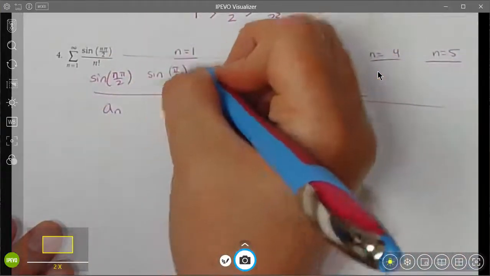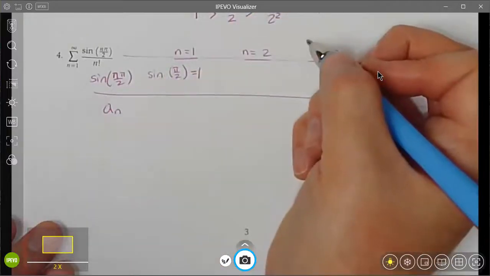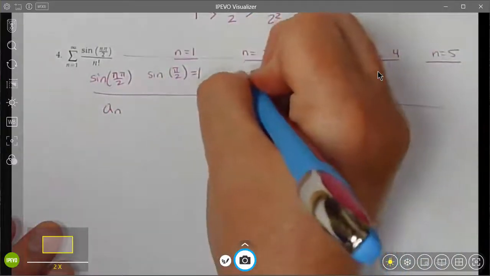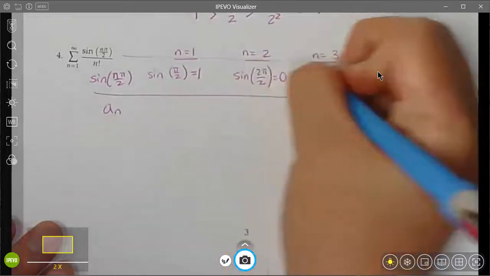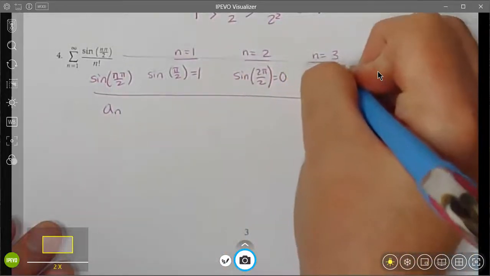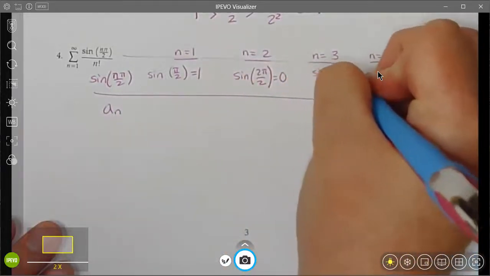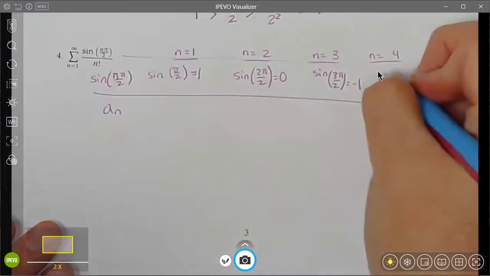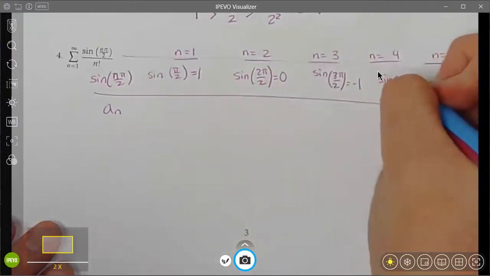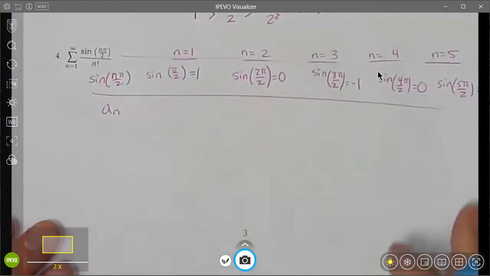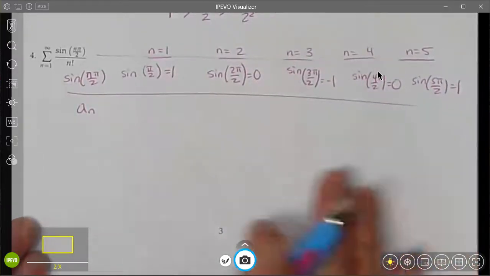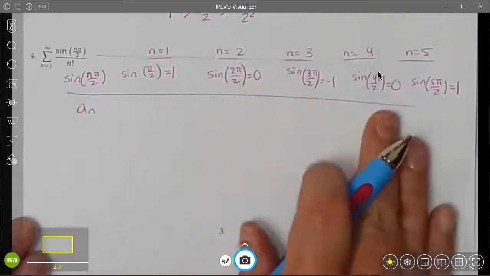The sine of pi over 2 is 1. Sine of 2 pi over 2, so that would be sine of pi, that's a 0. Sine of 3 pi over 2, that's negative 1. Sine of 4 pi over 2 is 0. And then sine of 5 pi over 2 is 1. So I think we can start to see the pattern there. It's going to go 1, 0, negative 1, 0, 1.